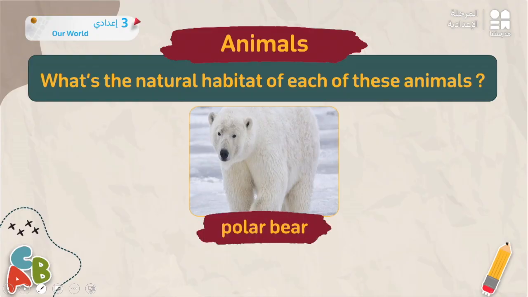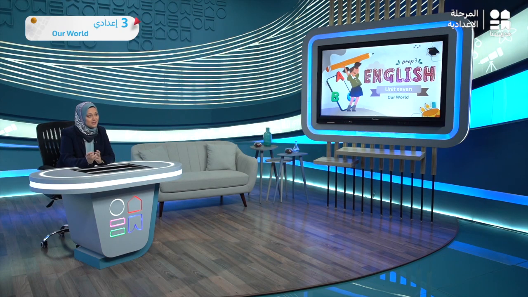And the last animal that we have, آخر واحد polar bear أو الدب القطبي. Of course it lives in a polar natural habitat اللي هي البيئة القطبية. كده احنا خلصنا أول مجموعة من vocabulary words عندنا اللي هي animals and their natural habitats.